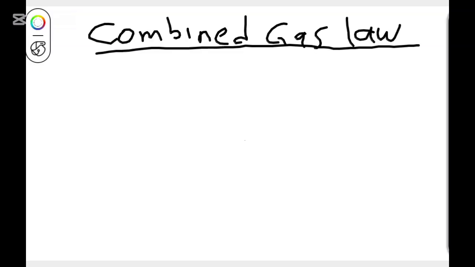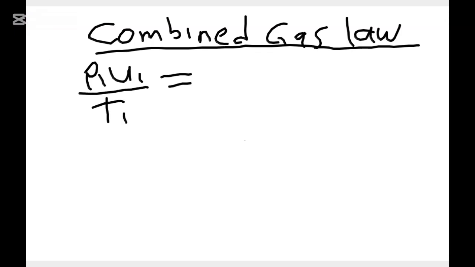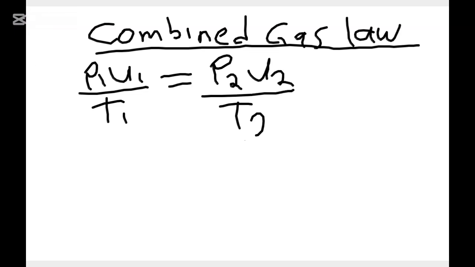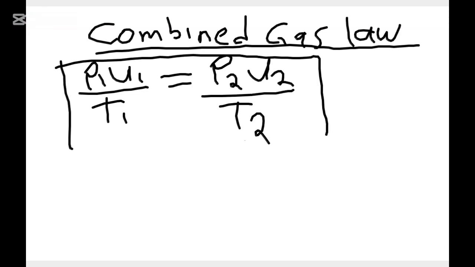And also we have the combined gas law, which says that P1V1 over T1 equals P2V2 over T2. You have to take note of this formula. It is used when gas changes from one state to another.